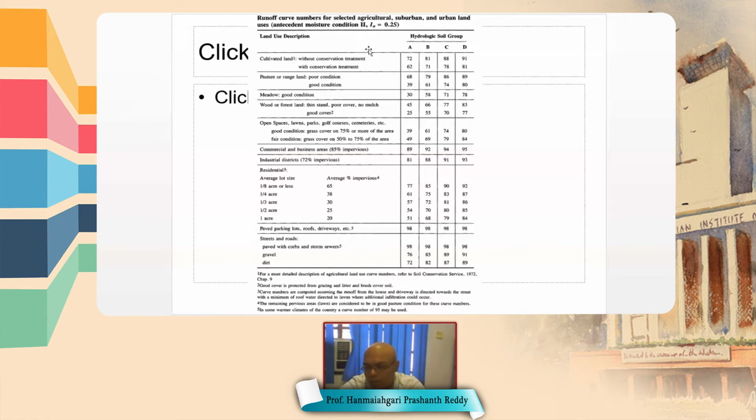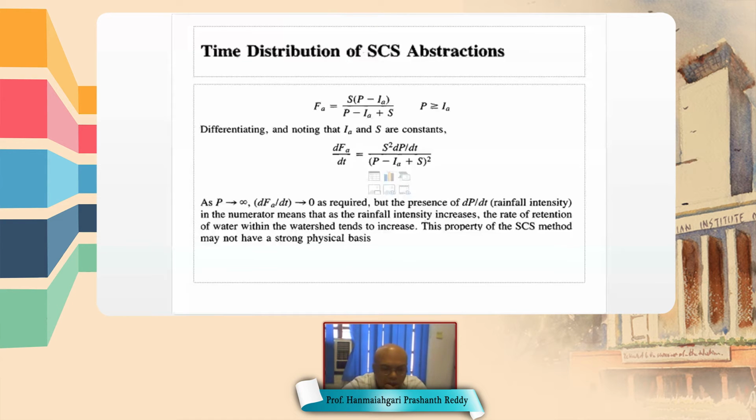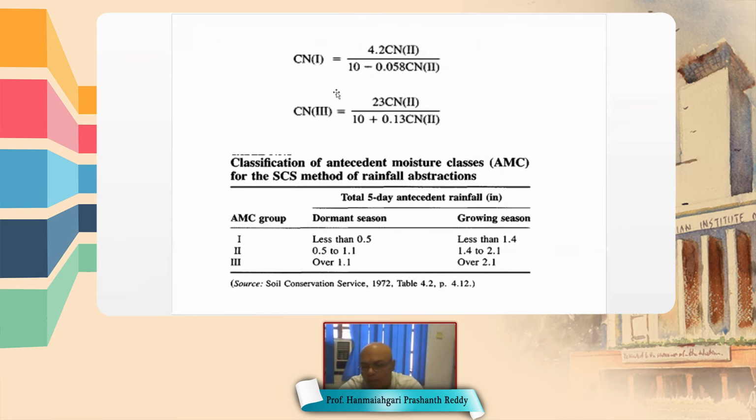So they have provided a table for normal conditions. Once we get the curve number for normal conditions, then we can correct it for either dry or wet conditions. I'll show you those formulas. Okay, so the formulas are given here.